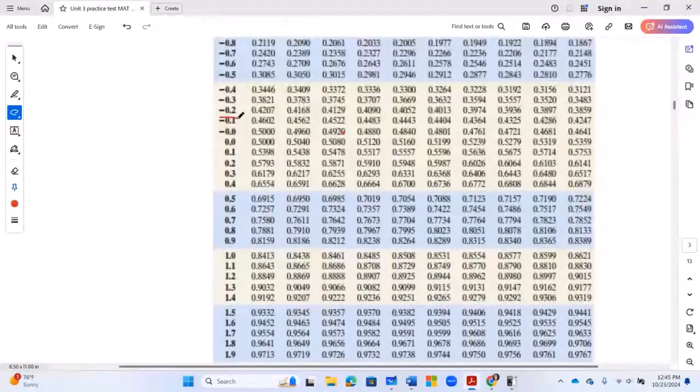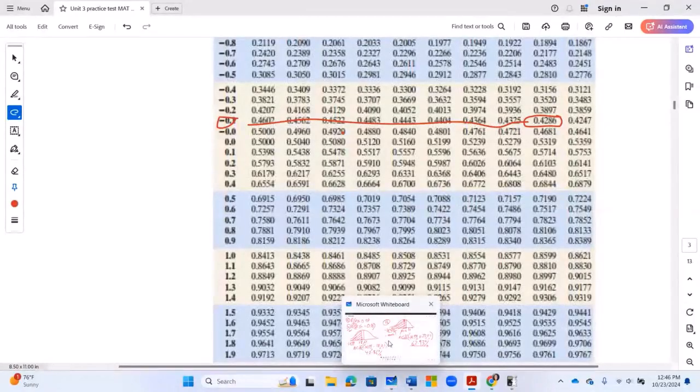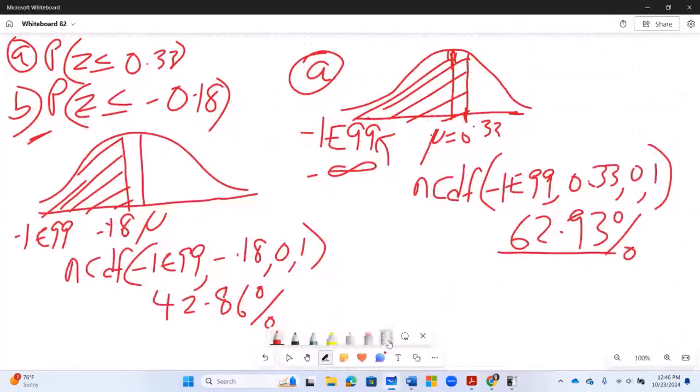It doesn't really matter if you use your calculator or do it by chart, you get the same thing. So the area is 0.4286 approximately. Okay, well, suppose I read the chart for 0.33.